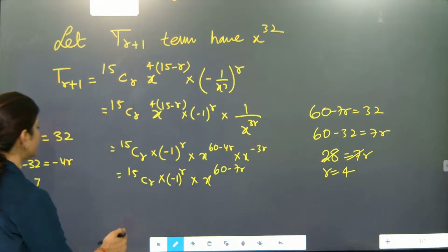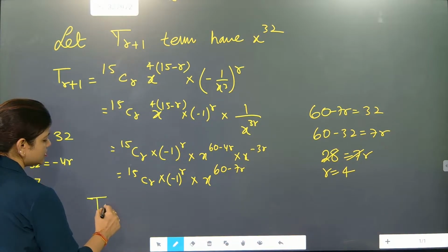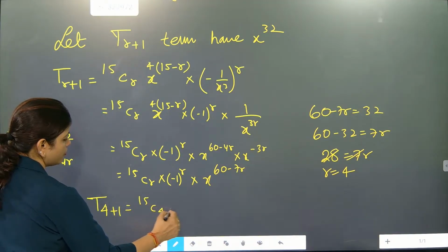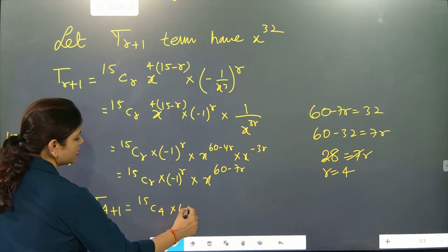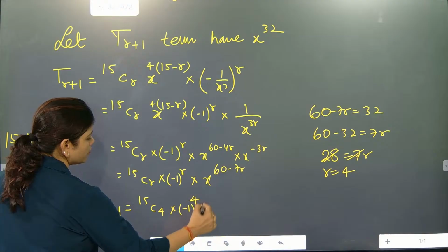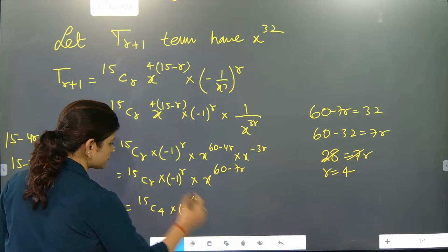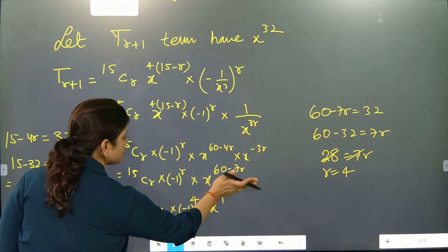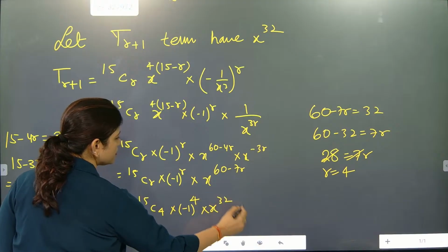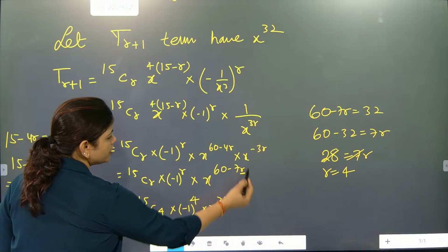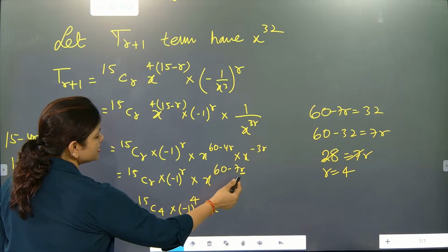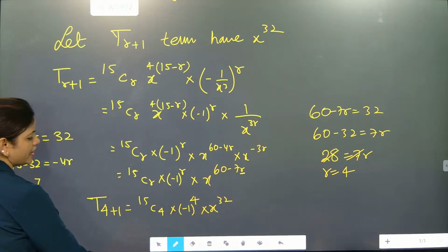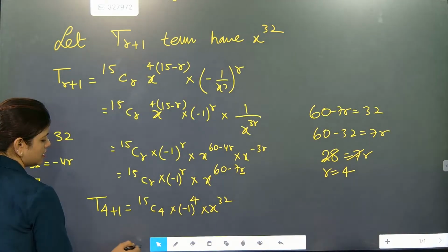Once r is equal to 4, that means T(4+1) is 15C4 into minus 1 to the power 4 into x to the power 32. Because the moment you substitute 4 here, it will become 60 minus 7 into 4, 7 fours are 28, so 32 only will come. So directly this will become your answer.